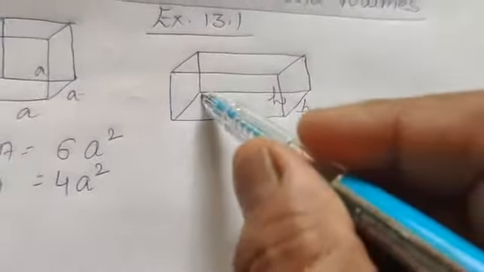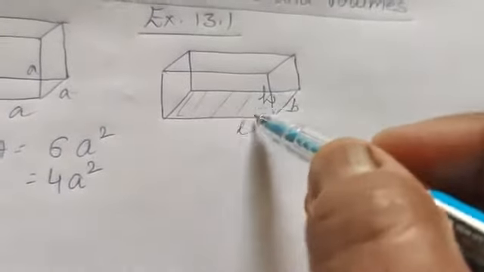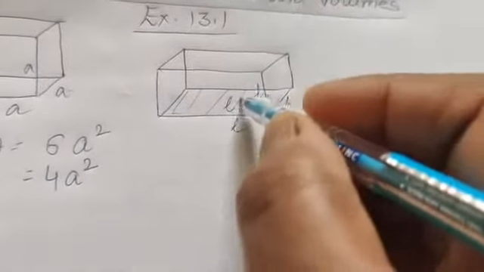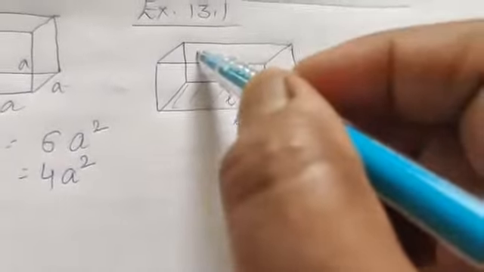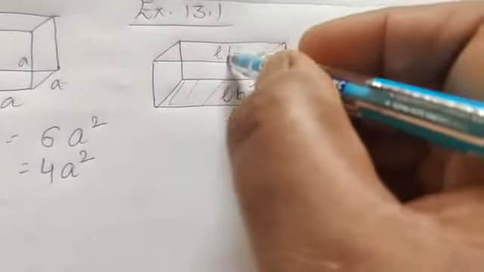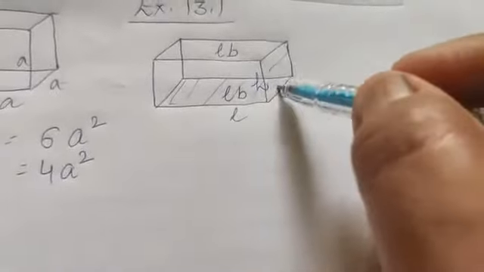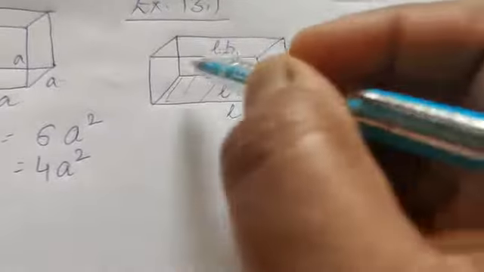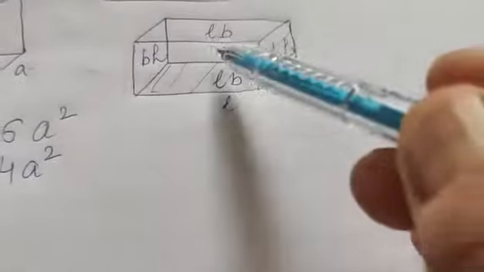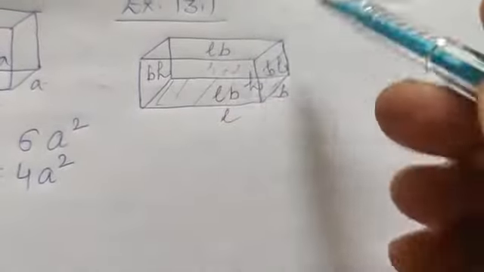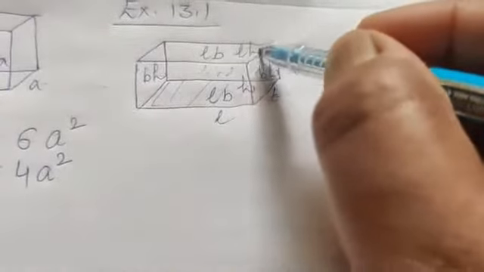The area of this surface and bottom is L into B. And the area of the top surface is L into B. Area of the adjacent face is B into H, and here is also B into H. And this is LH and this one is LH.